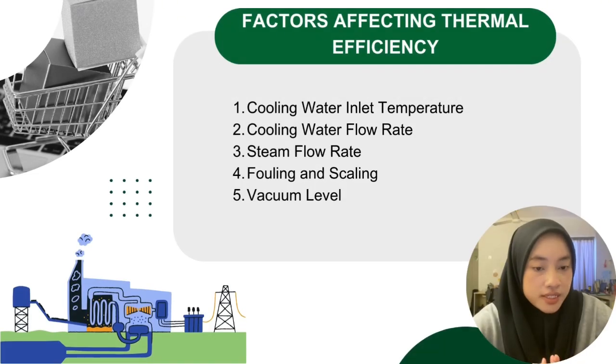In addition, the factors affecting thermal efficiency are the cooling water inlet temperature, cooling water flow rate, steam flow rate, fouling and scaling, and the last one is vacuum level. That's all from me. I'll pass it to my other group member for the next part.